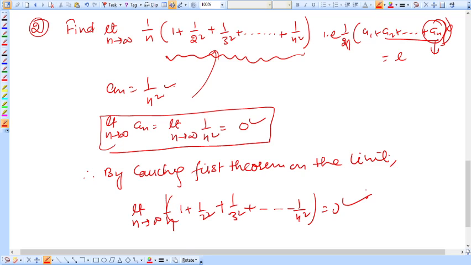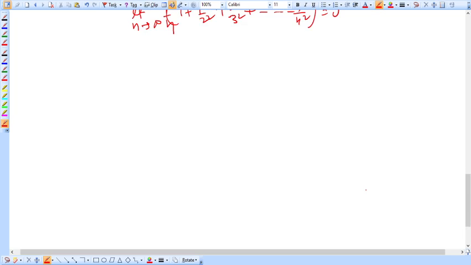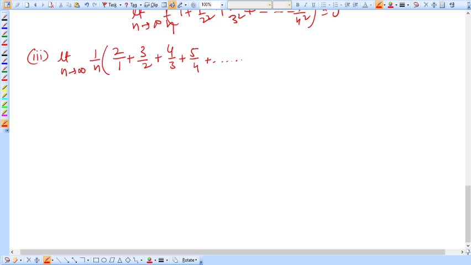Now one last problem. After that we will be proving this result. Find the limit n tending to infinity of 1 by n times (2 by 1 plus 3 by 2 plus 4 by 3 plus 5 by 4 up to so on plus (n plus 1) divided by n).